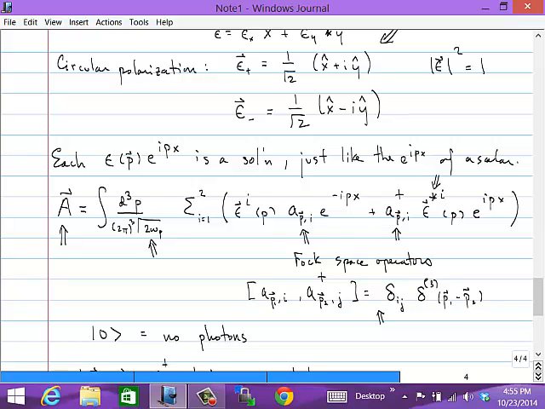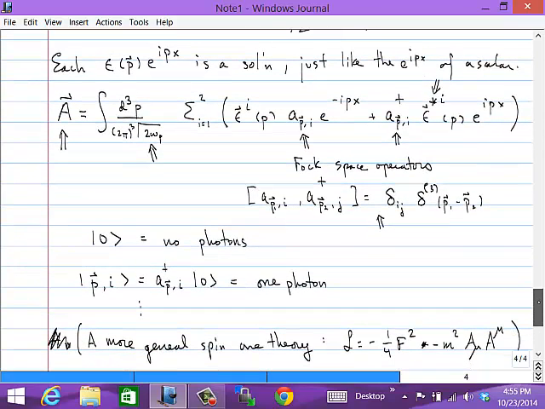Yes? If you have a massive vector where m squared is very, very small, can you treat it as an almost gauge symmetric vector field where you introduce the longitudinal polarization? Okay. So you mean an almost massless vector field? Yes, absolutely. You could imagine it weakly broken.